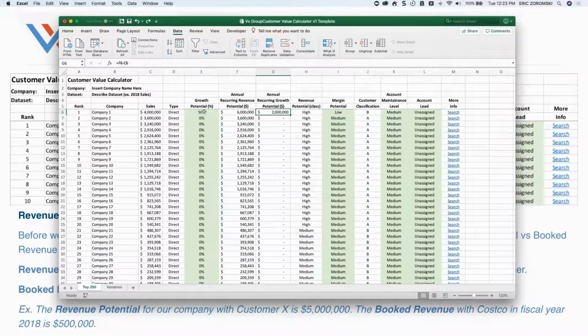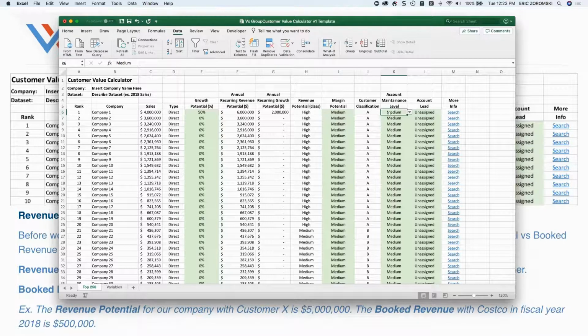As I walk through this, I can make a few of these changes. We also consider margin potential. So in this example, if we set a customer to a low margin, they're generally going to come back as a B classification. If I set them as medium or high, they're going to be an A customer classification.